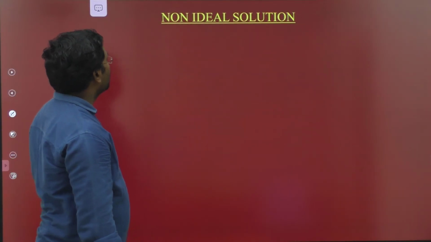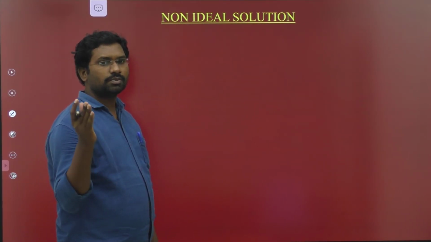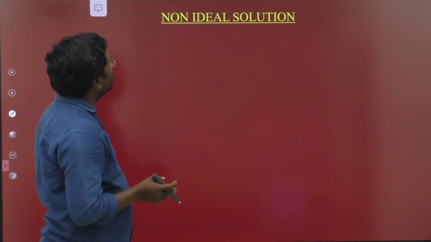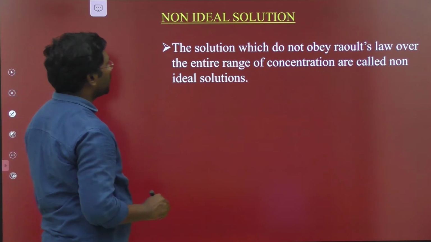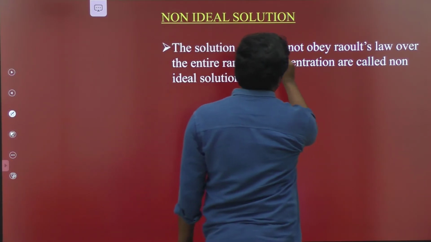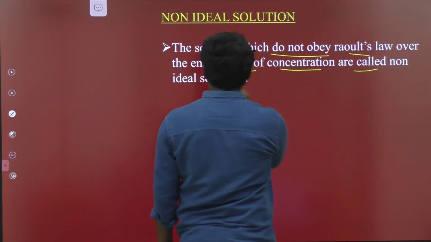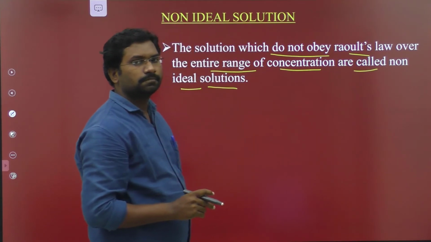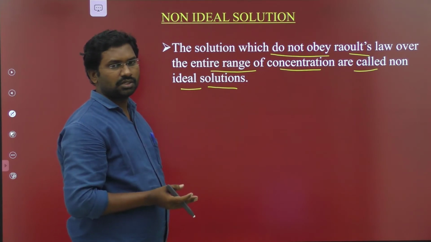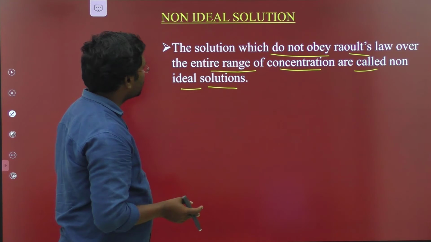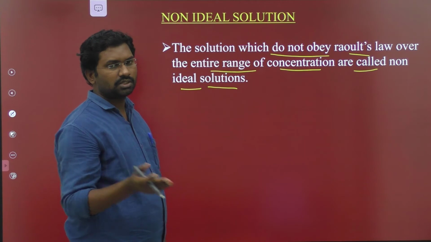And come to the next one, non-ideal solution. After knowing the concept of the ideal solution, what is meant by non-ideal solution? This is the definition: the solutions which do not obey Raoult's law over the entire range of concentration are called non-ideal solutions. An ideal solution obeys Raoult's law over the entire range of concentration, but a solution which does not obey Raoult's law over the entire range of concentration is non-ideal.